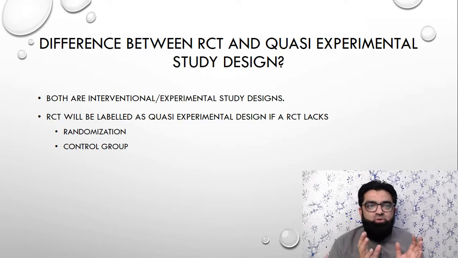Similarly, if you have made two groups, one laparoscopic appendectomy and one conventional appendectomy, but you haven't randomized the patients between the two groups, then again it is a quasi experimental study design. There should be some intervention, but it lacks randomization and a control group.